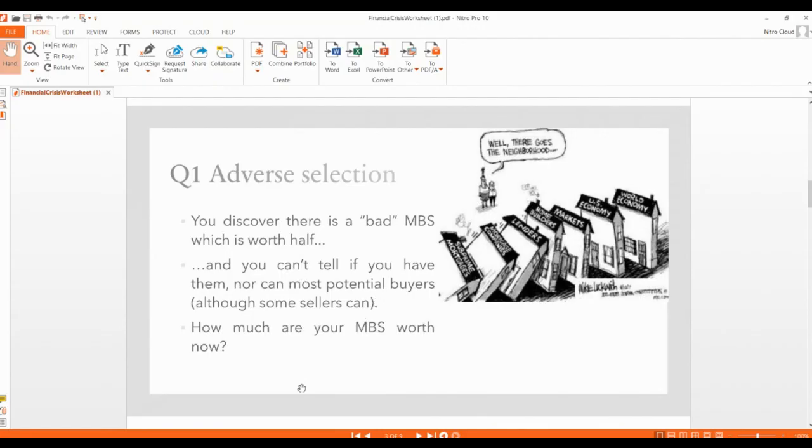So, given that we're entering a new situation of adverse selection, how much are your mortgage-backed securities worth now? After the discovery that there's an adverse selection problem going on with them, and there's a bad version that's worth half of what the other one is. Well, any ideas?